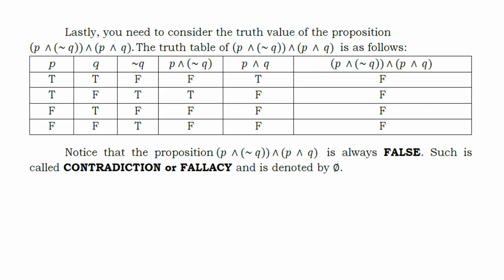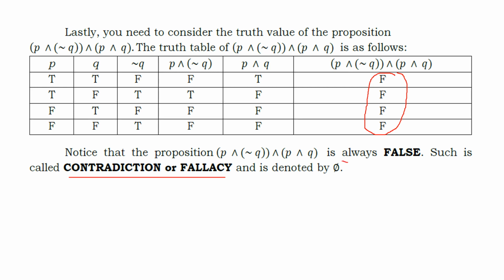Now, in this case, applying the concept of negation and conjunction here with your two propositions involved, P and Q, our resulting values here are all false. Meaning the truth values for these 4 resulting propositions are false. This represents your contradiction or fallacy.